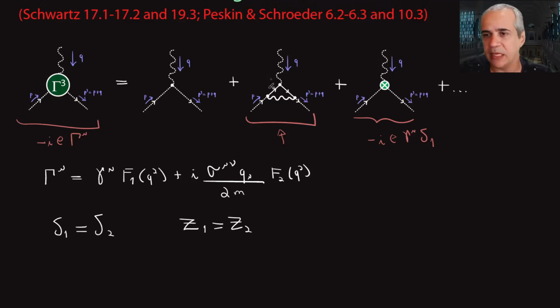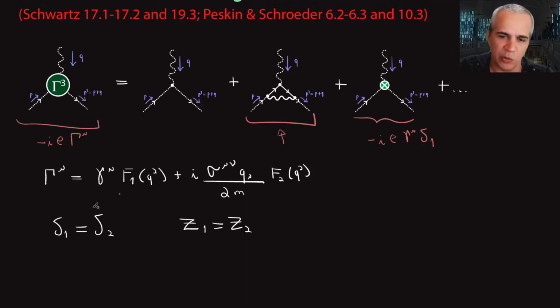But this loop also has a finite part, which has very important physical consequences. And it also has infrared divergences, which we still want to treat, and we'll do that in the next video. But in order to see those infrared divergences, we really need to calculate this loop.